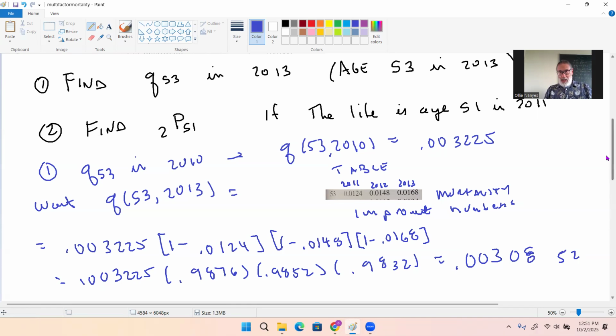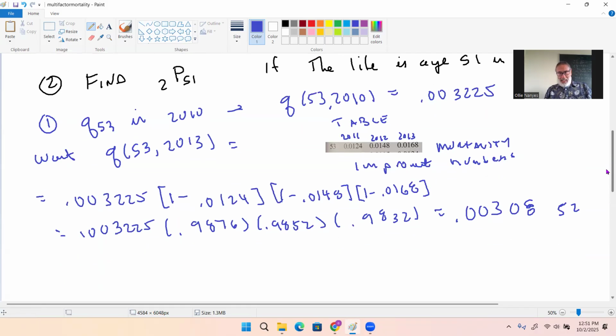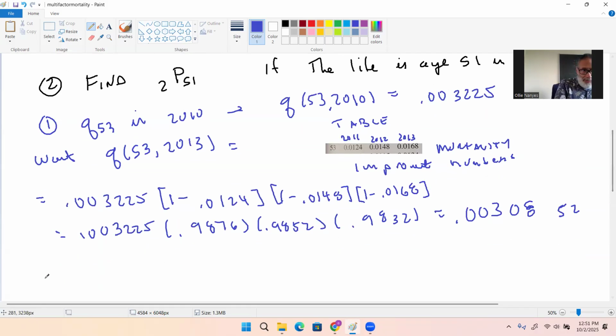So rounding to 4 decimal places, our answer, therefore, is this. And I'll just round to there. All right, so that's the first question.